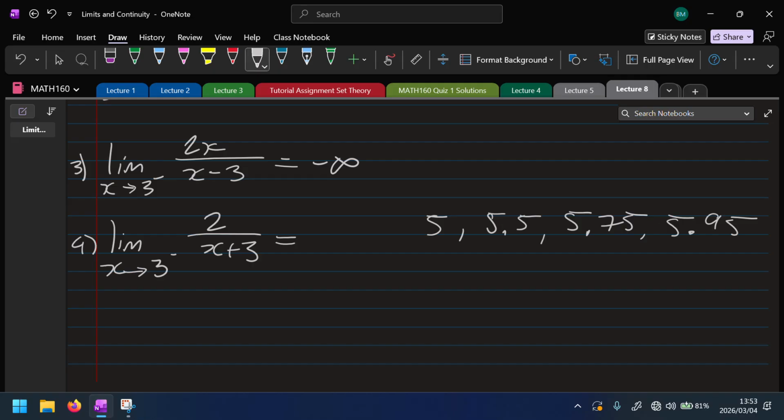That's the limit value. So we have 2 over 6, which simplifies to 1 over 3. Is everyone okay with these examples? Please make sure you understand this process. x is going to 3, so x plus 3 goes to 6.